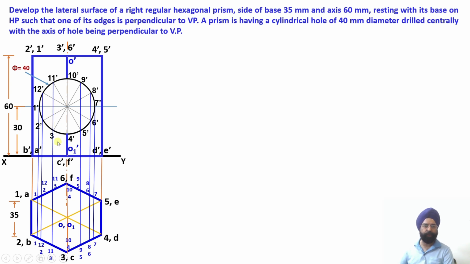This semicircular portion will be contained by this surface. Similarly, the back surface will be containing this semicircular portion of this hole, and then this surface is going to contain the left side semicircular portion of this particular hole.